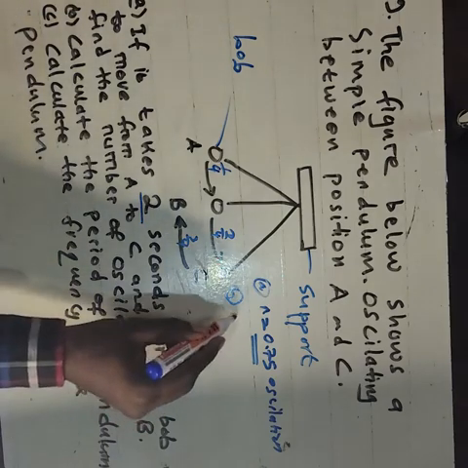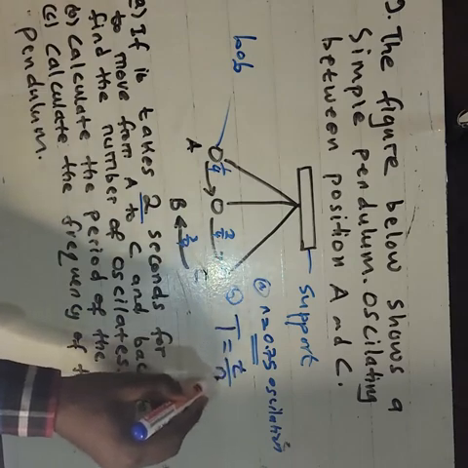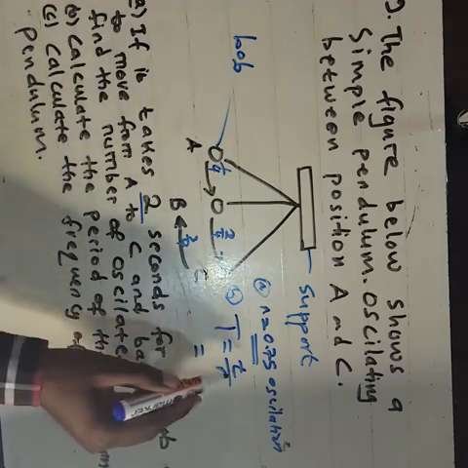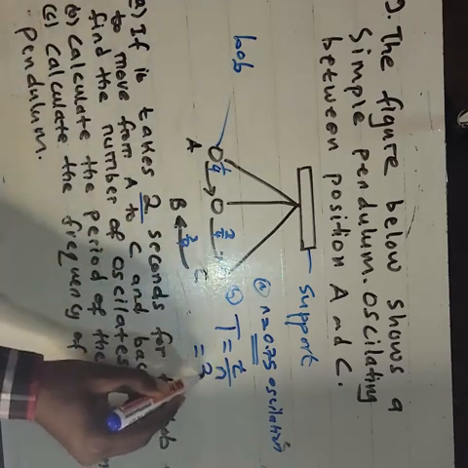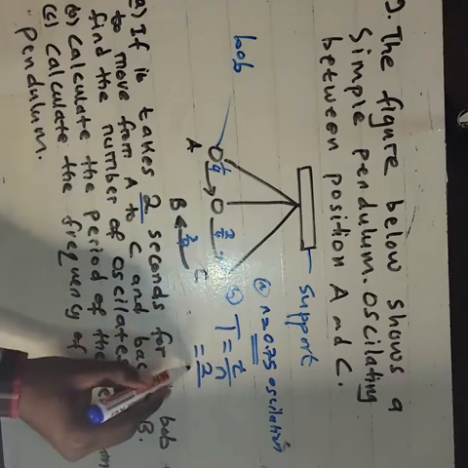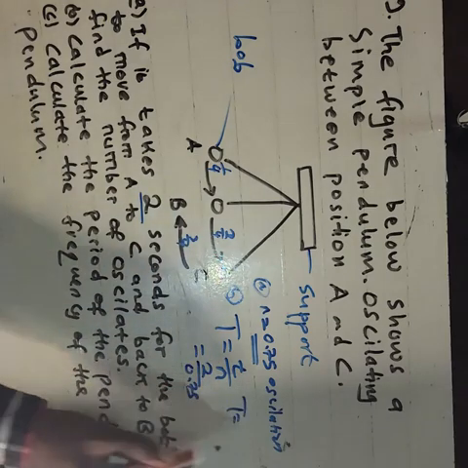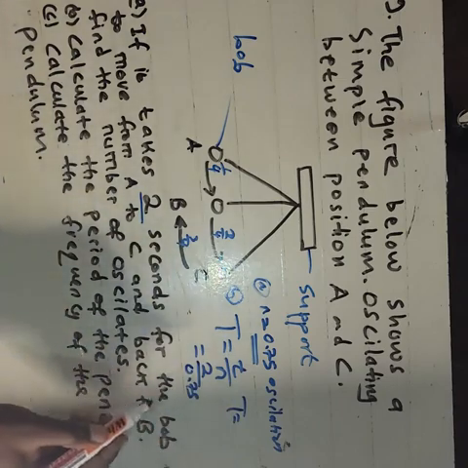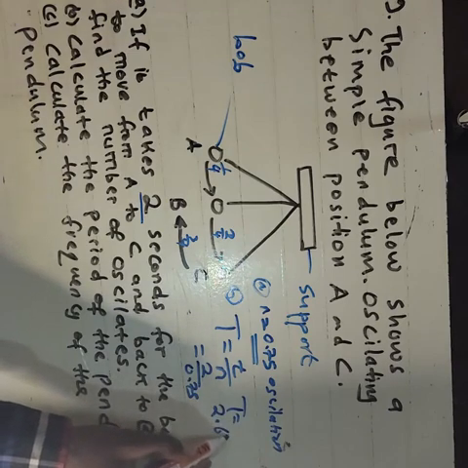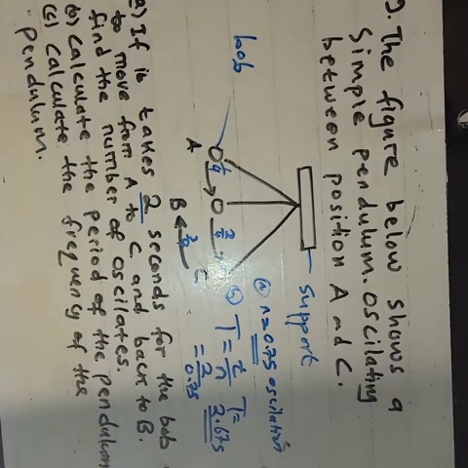We are going to say period is equal to time divided by the number of swings or oscillations. Time, they have given us 2, divided by the number we have found, which is 0.75. So what is our period? When you divide there, you get 2.67 seconds. So that is our period.